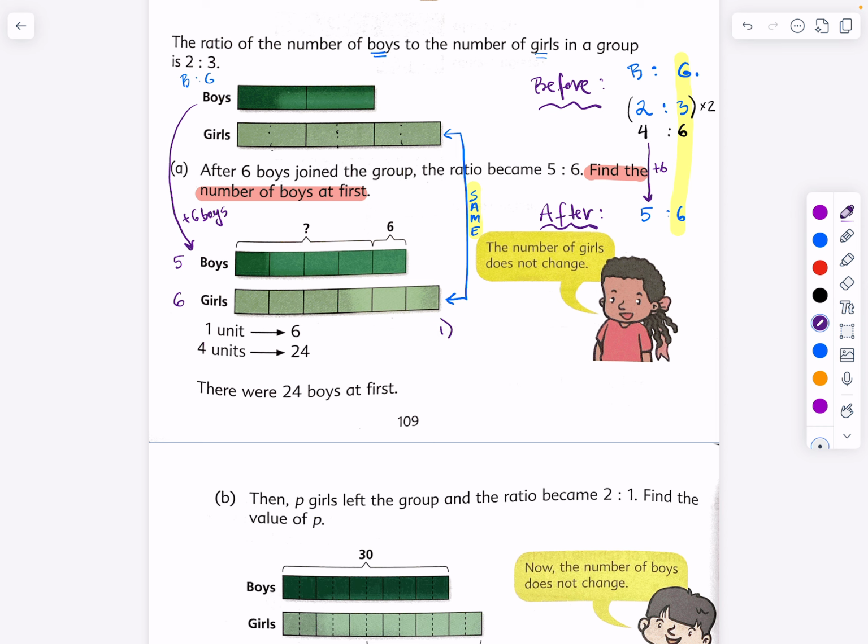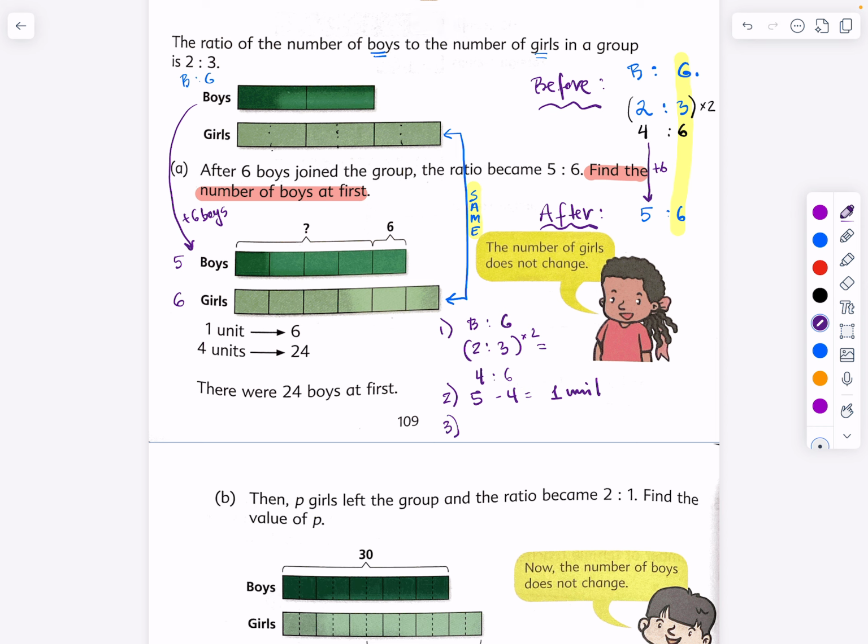So we have boys to girls as 2 to 3, which we doubled to come up with an equivalent of 4 to 6. Step 2. Before, we had 4 units of boys, and after 6 boys joined, we have 5 units. Therefore, the difference is 5 minus 4 equals 1 unit more.